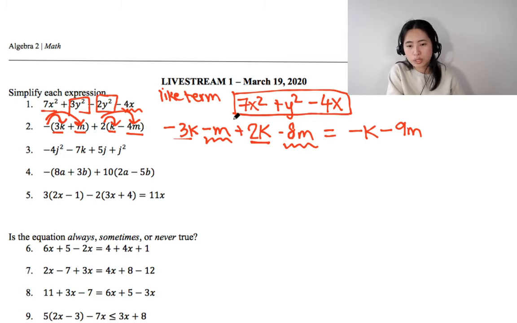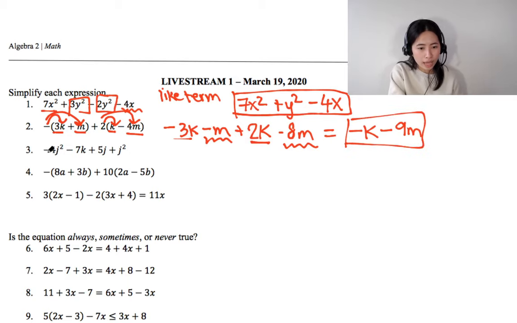As a result, you get negative k. On the other hand, you have negative m and negative 8m. I like to remember things by adding them, and then I'm just carrying over the negative sign because the negative sign is like dominant, right? So that's why it's negative 9m. Okay, moving forward. So that's your simplified expression.